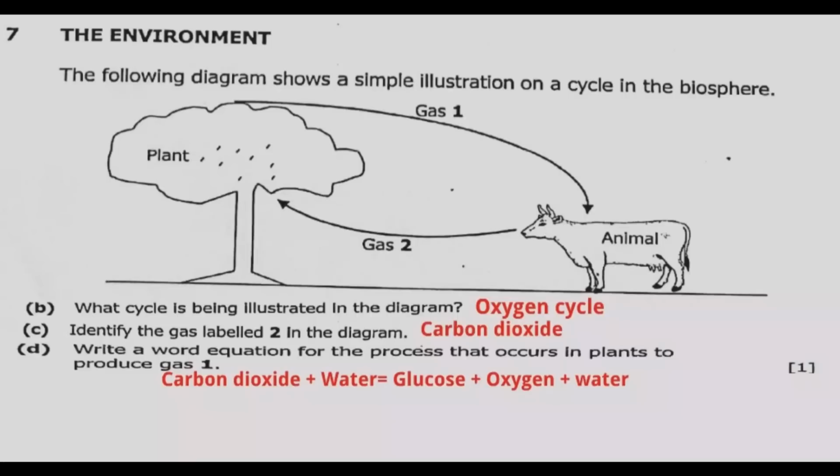So we are going to have glucose plus oxygen plus water. Okay, water produced as a byproduct. Okay, so we have sugar and oxygen plus water being produced when water and carbon dioxide react. Okay, they will produce glucose plus oxygen plus water.